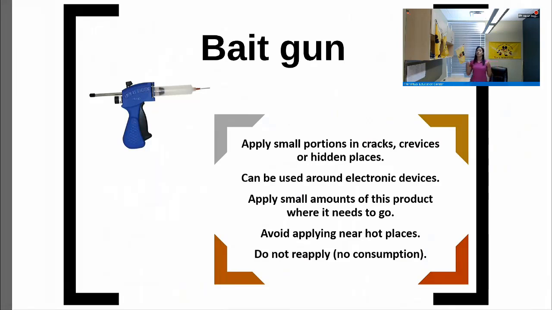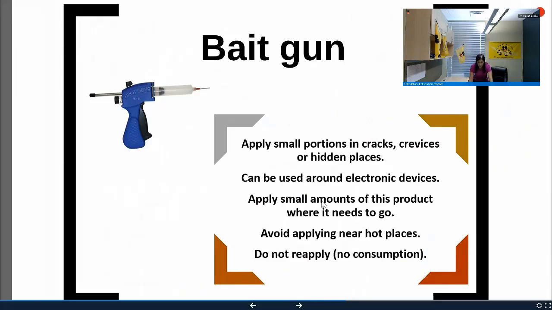Because they absorb moisture, humidity from the environment. And what water does to TVs, computers, is damage them. So let's say your customer has an infestation of ants inside of a computer, or even cockroaches in electronic equipment. You could apply bait around that device without damaging it. It's an option.